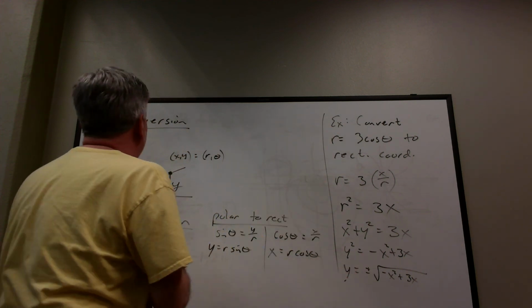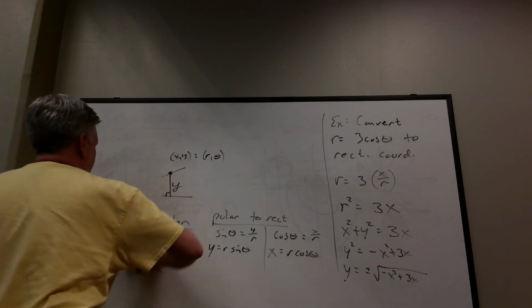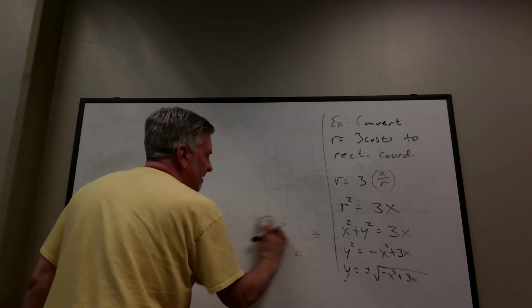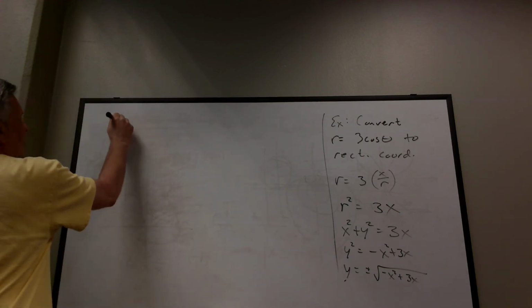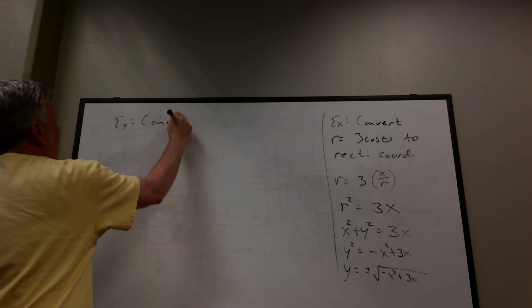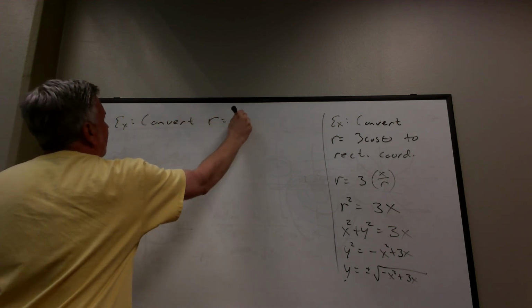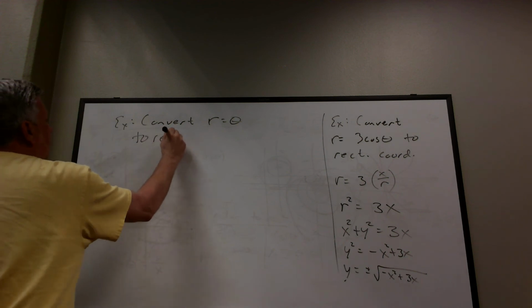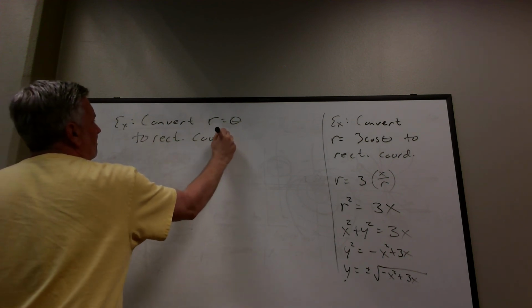Let's do one more like that. I want to go back to the example we did before. So example, the one we grabbed before. Convert r equals theta to rectangular coordinates.